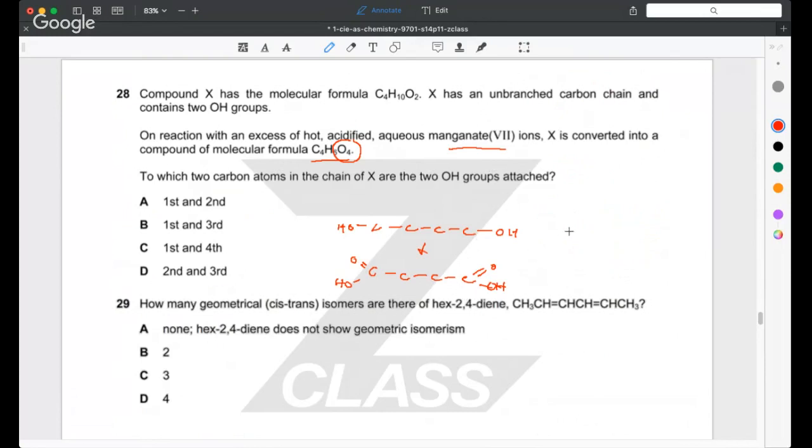If this was, in fact, something like this, where you had a primary alcohol there, and what's that? That's a secondary alcohol. When that's oxidized, then the primary alcohol would become a carboxylic acid, but the secondary alcohol could only be converted to a ketone.